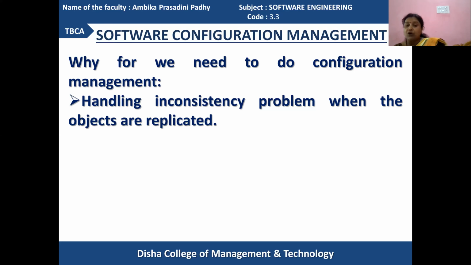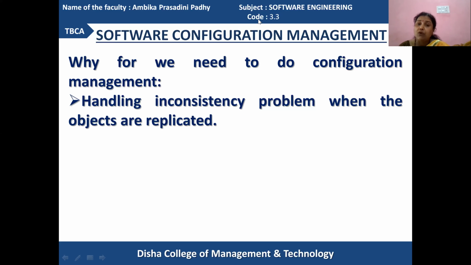If a particular module is given as an assignment to a team of people, then all the developers have their personal copies of the source code to be executed. By looking at that example, we can view the requirement of solving this type of inconsistency problem.